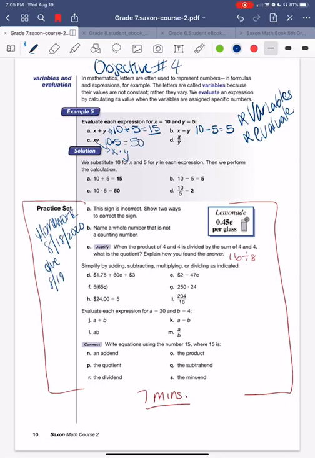And then the last one, D, is x over y. So that is our division, which says x is 10, y is 5. 10 divided by 5 equals 2. So again, that takes care of us and variables.